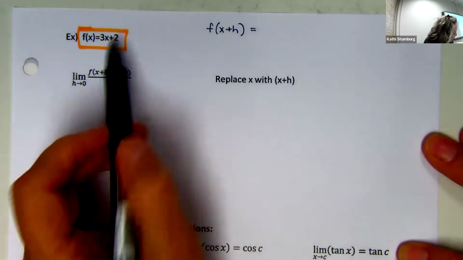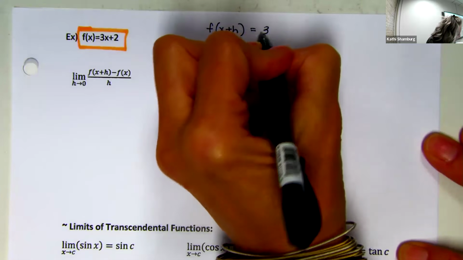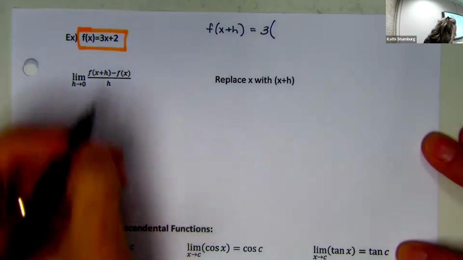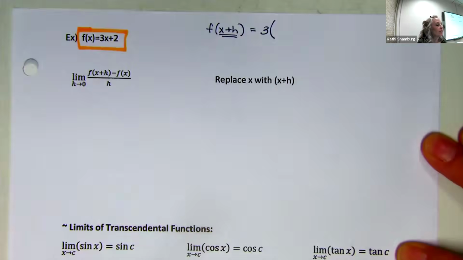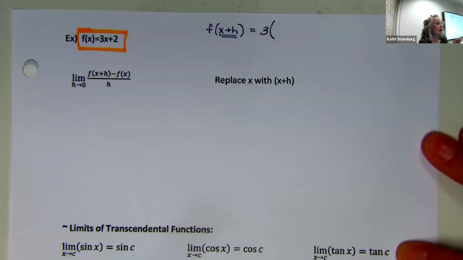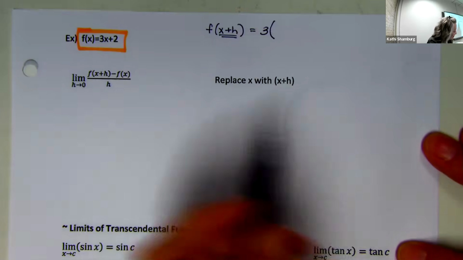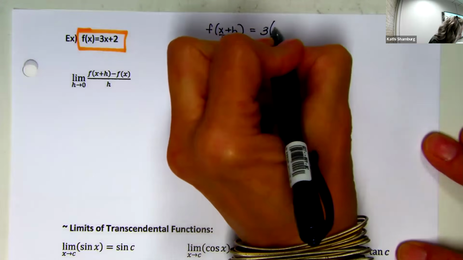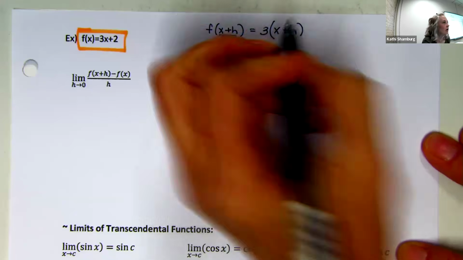Well, so I have 3, and what are you going to put in place of that x? What's my input? What's inside the parentheses? X plus h. So what this is telling me is everywhere there's an x, I have to replace it with x plus h.